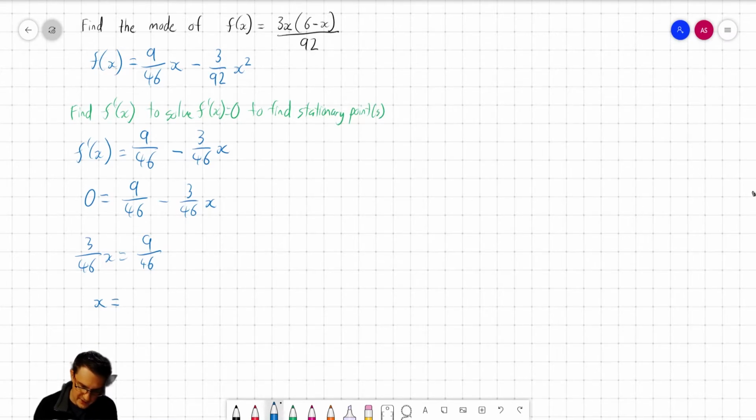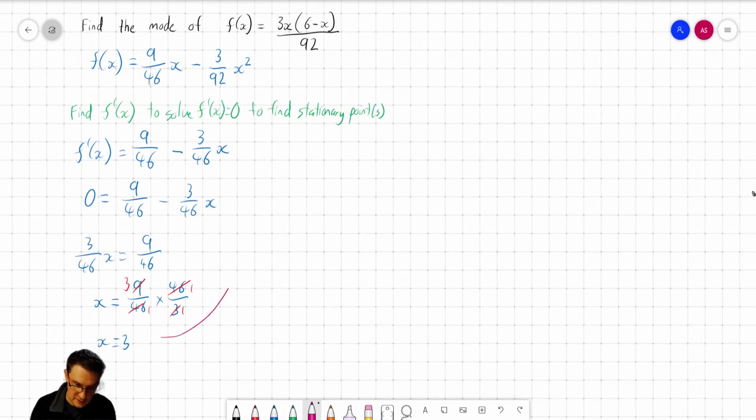When I do that, I'm left with 9 over 46, and when we're dividing by the fraction 3 over 46, it's going to flip. It's going to give me 46 over 3. Got some cancelling happening here. That becomes a 1, that's a 1, and this becomes a 3. So what I end up with is x is equal to 3. So I've got my first element of this.